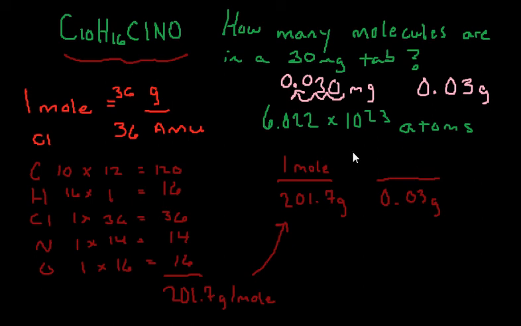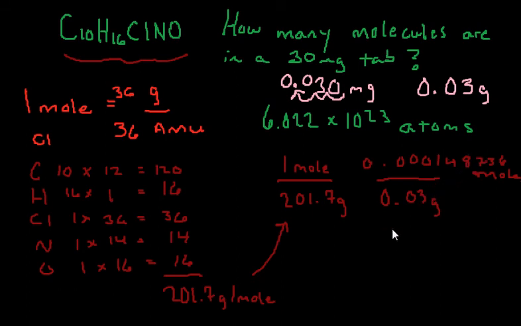So we have 0.03 times 1, of course, same number, divided by 201.7 grams, equals, okay, so we could write this out. 0.000148736 is what we come up with. And remember, this is in moles. Okay, so this many moles equals this many grams.